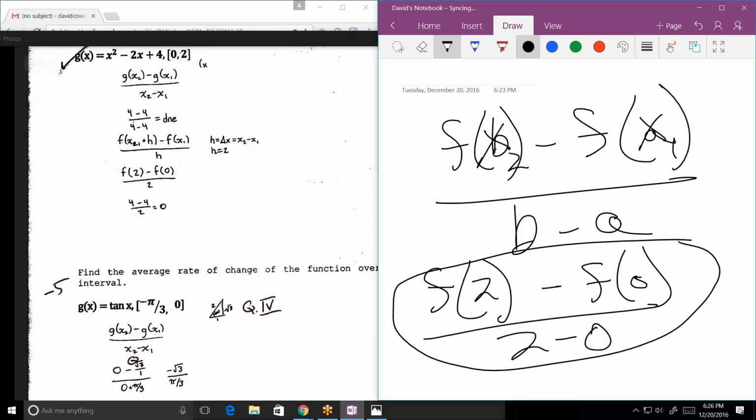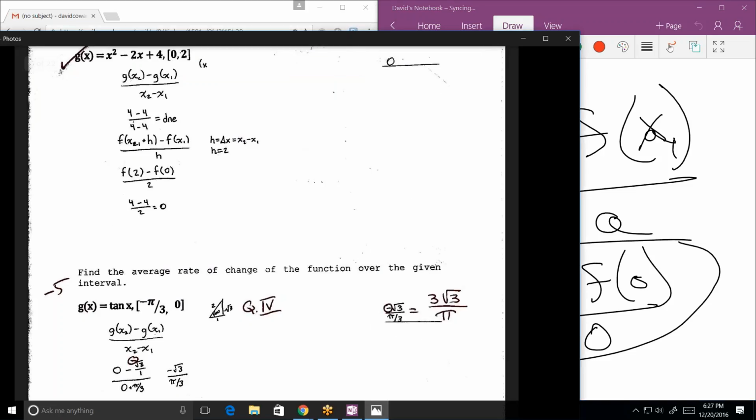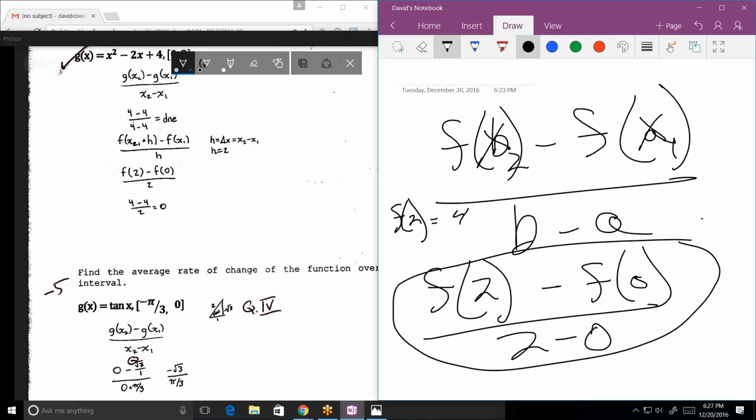Okay. So what's f of 2? Wait, f of 2? I'm still confused right now. Well, what's f of 2? Or g of 2, excuse me. Oh, never mind. Now I see what you're trying to do.